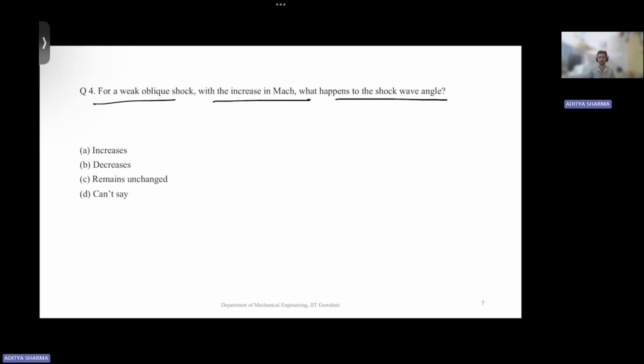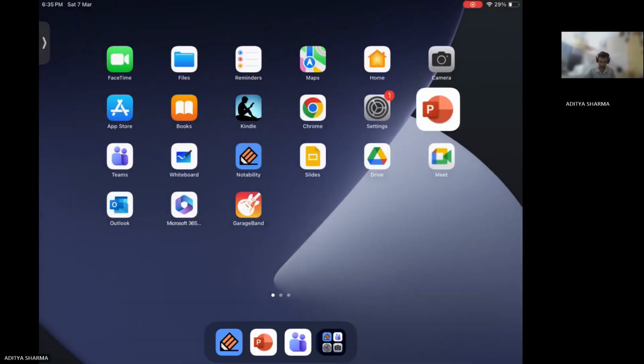So this is there. The question talks about weak oblique shock. Then it says that your Mach is increasing. So what will happen to shock wave angle?